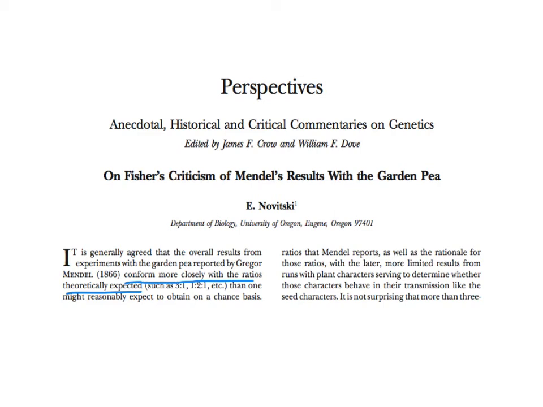Wouldn't by chance he have happened to have chosen 2 traits that were linked? So what's the chance that Mendel just by chance happened to pick 7 different traits, pea shape, pea color, seed color, wrinkled versus round pods, all that, and they all happen to be on separate chromosomes.